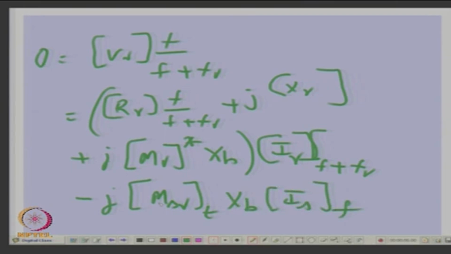Okay. So, we have three equations, stator one equation, rotor two equations.